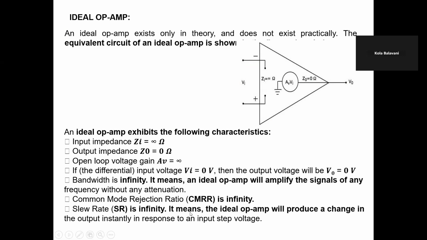Slew rate means it produces a change in output instantly with respect to the input step voltage. So input impedance is infinity, output impedance 0, open loop gain is infinity, bandwidth is infinity, CMRR infinity, slew rate is infinity. Later on we'll discuss each characteristic. So ideally all the values are infinity except output impedance, which is equal to 0.